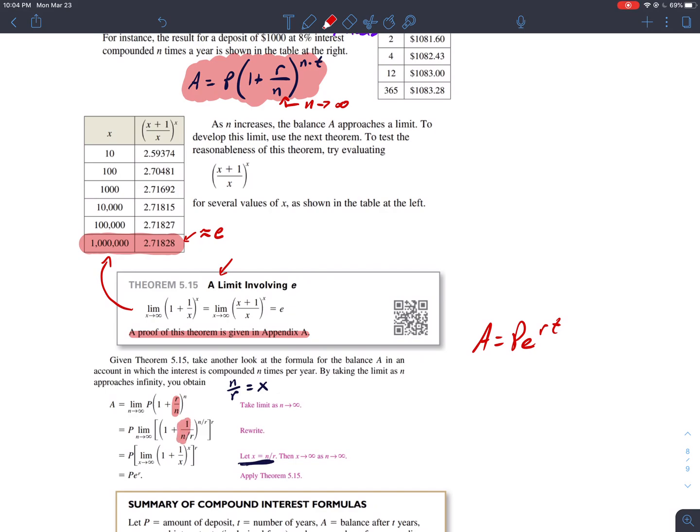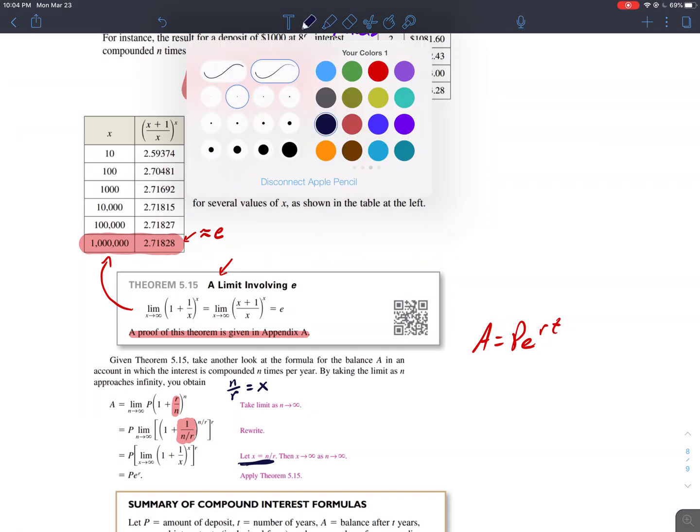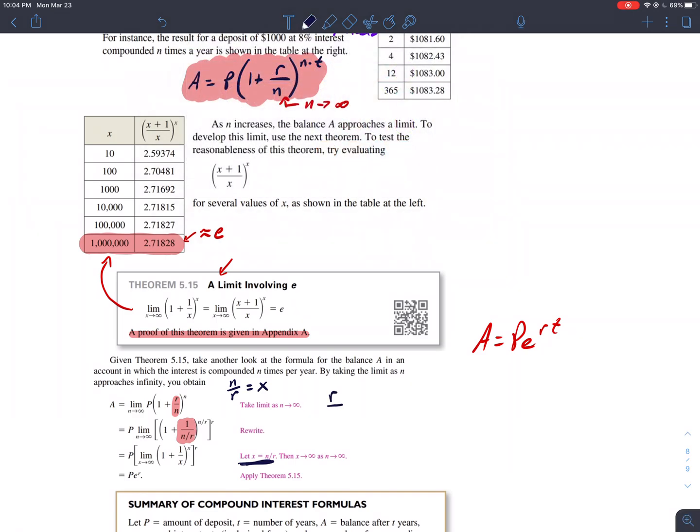Technically, if you think about it, r over n is equal to 1 divided by n over r. This is basically saying the reciprocal of n over r, and the reciprocal of n over r is r over n.